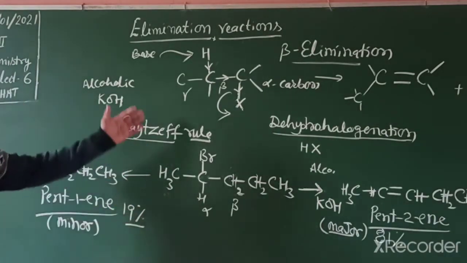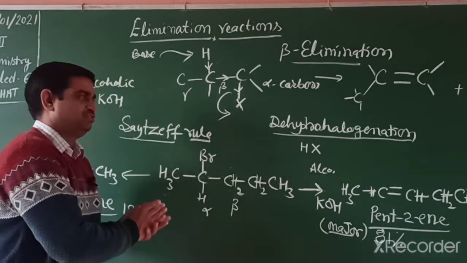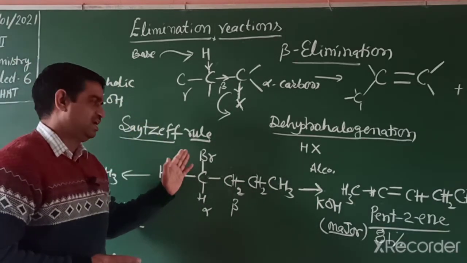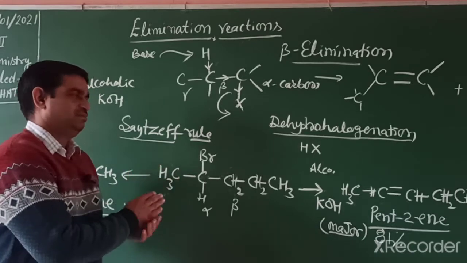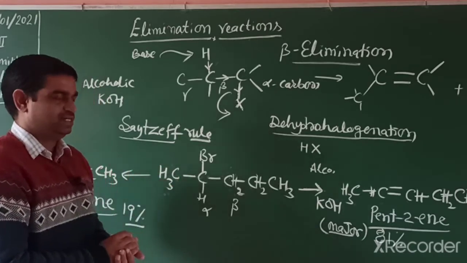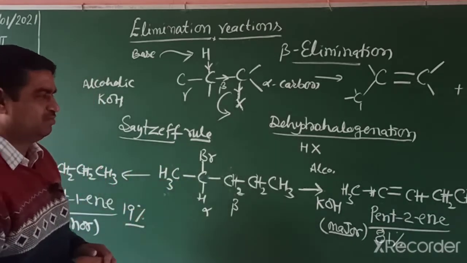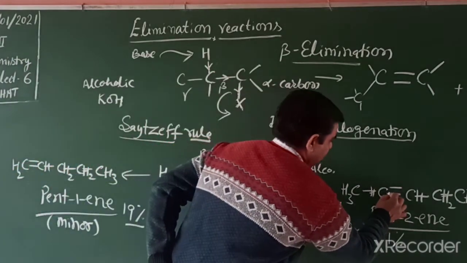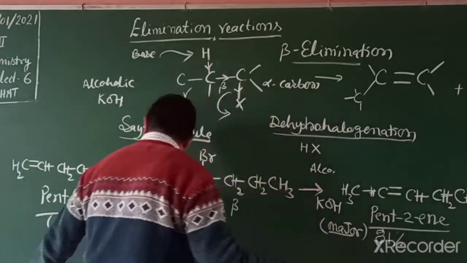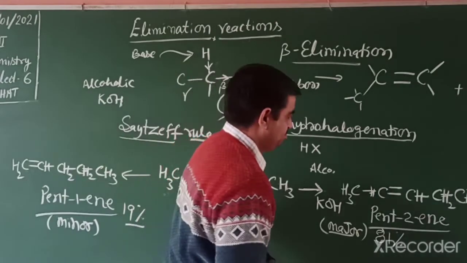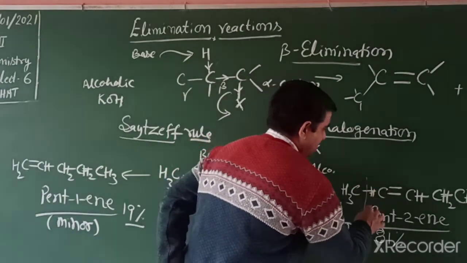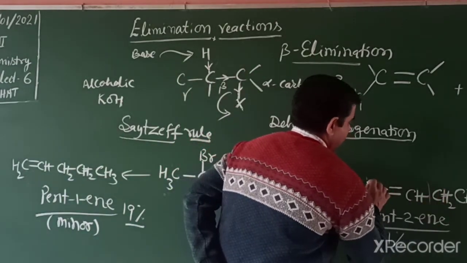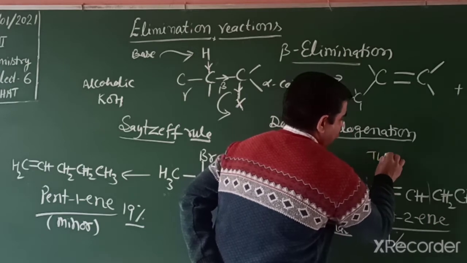So students, if there is a possibility of two different beta hydrogens, then the alkene that has more branching is the major product. How can you understand? In this alkene there are two branchings. How? One branch on this side, the other branch on this side. So there are two branches.